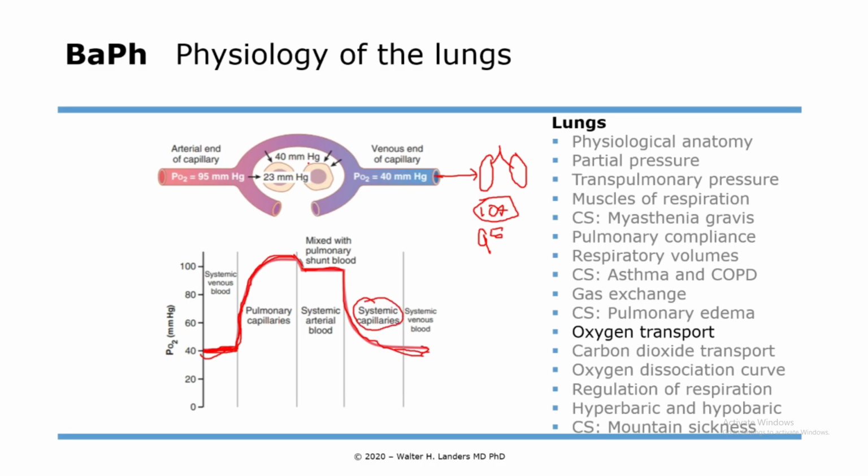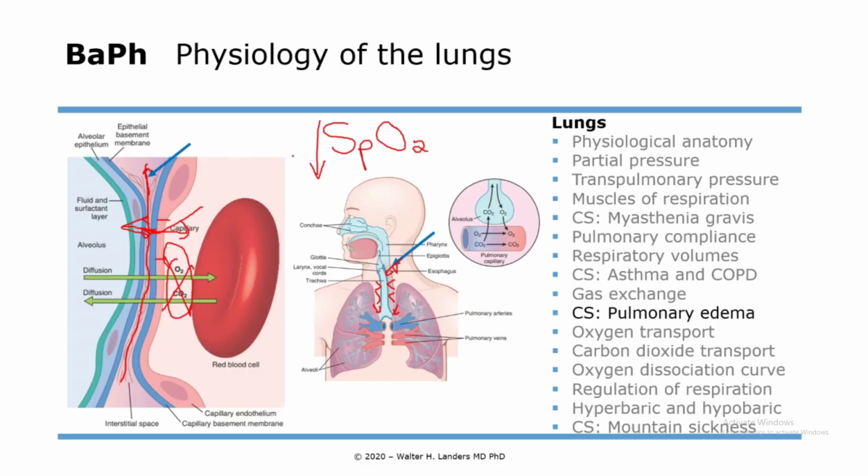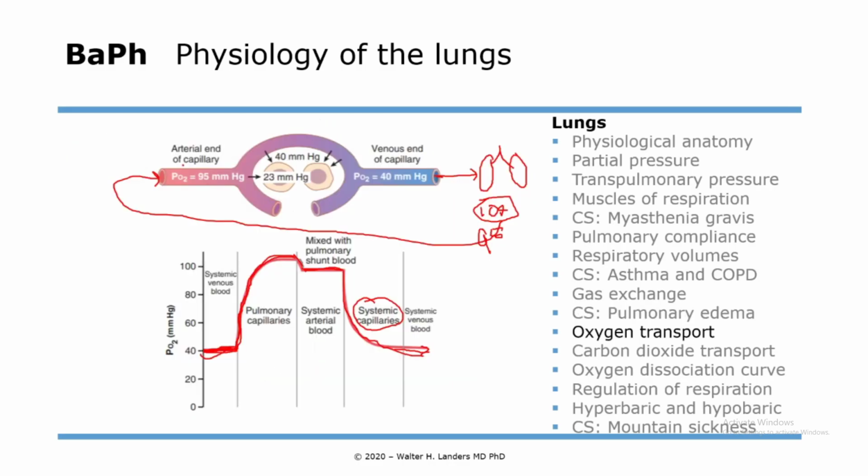And as you can see here, in the arteries, partial pressure of oxygen is 95. And the partial pressure in the interstitial fluid, so the fluid around your cells, is 40.